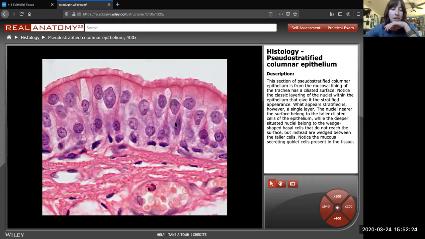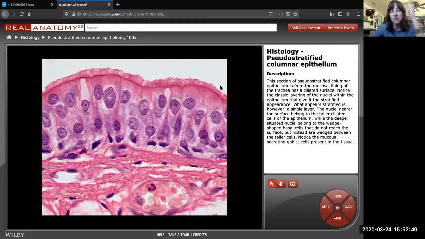The question is being able to identify between the different types of columnar, or the simple columnar. But you kind of answered it with the one with the cilia. Another one has microvilli. So if it has cilia or microvilli, it's going to be columnar.